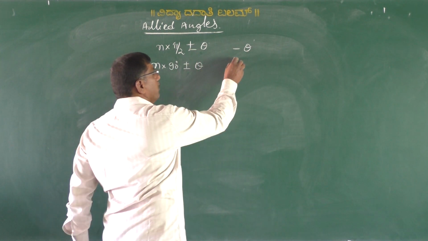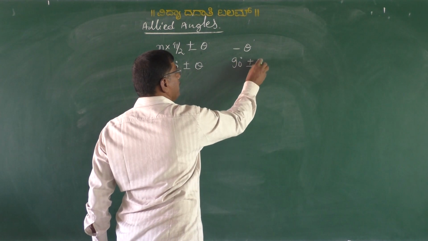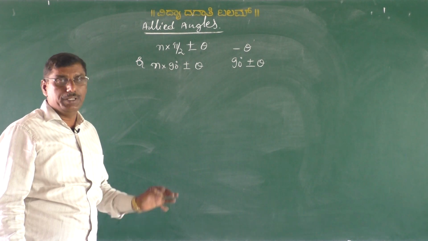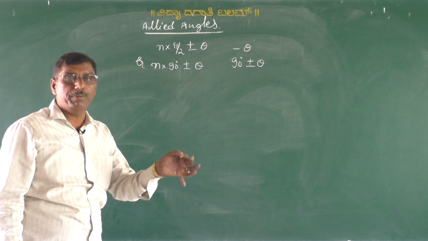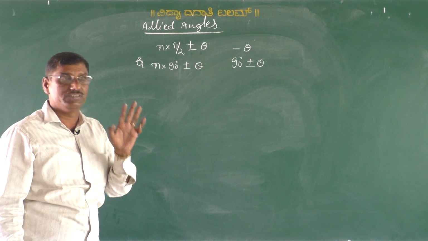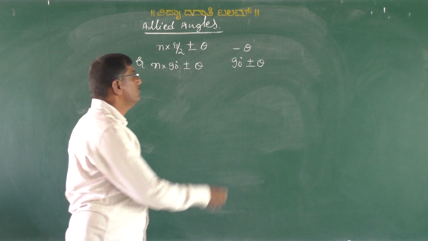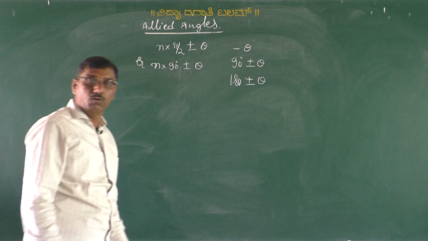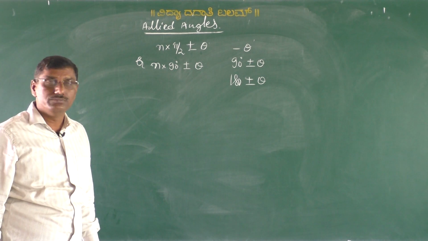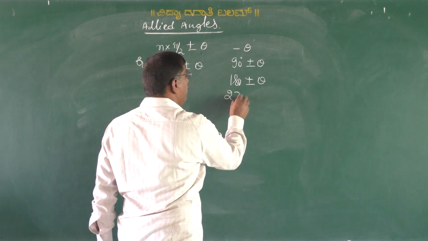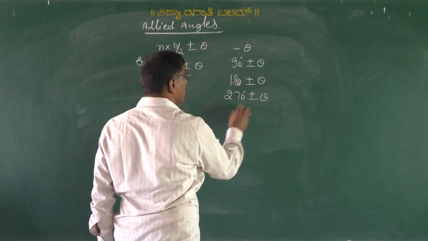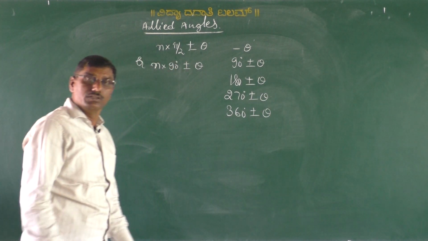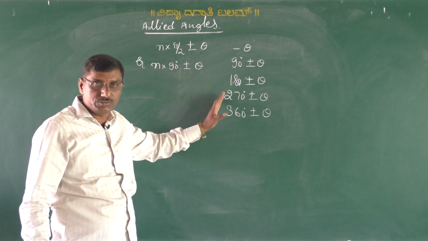Next one is 90 plus or minus theta, or pi by 2 plus or minus theta in radians. Next one is 180 plus or minus theta, 270 plus or minus theta, 360 plus or minus theta. These are all allied angles.